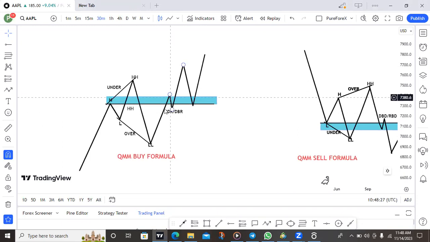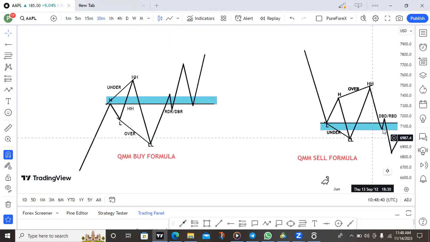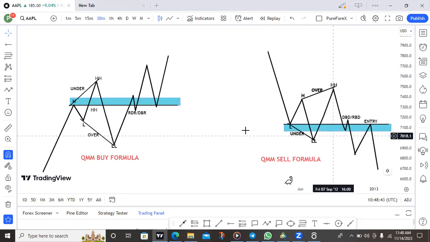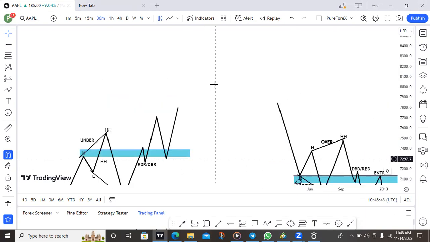The market created a rally-based rally, then disrespected this Quasimodo reversal. So in this wise, we change from what? Instead of selling, we change our bias to counter trend, from selling to buying. This one from buying to selling.